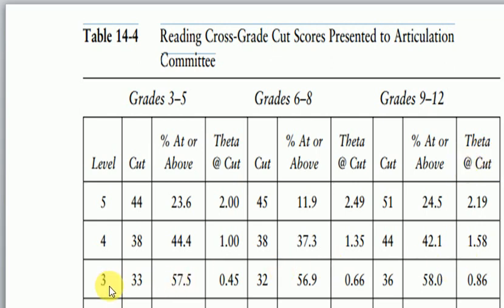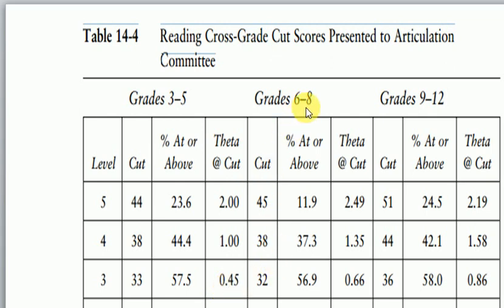For grade 3 to 5, in level 3, the cut score is 33, percentage at or above is 57.5, and theta cut score is 0.45.